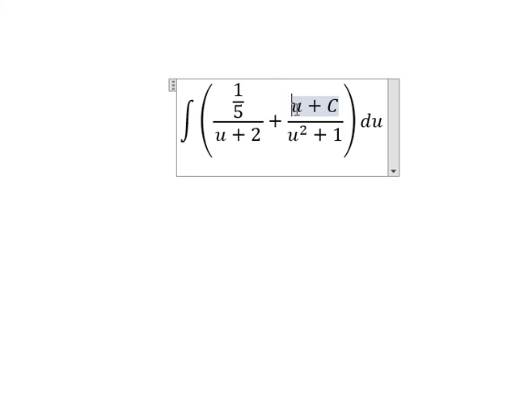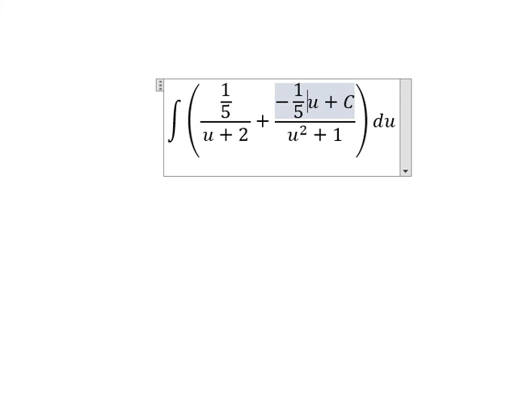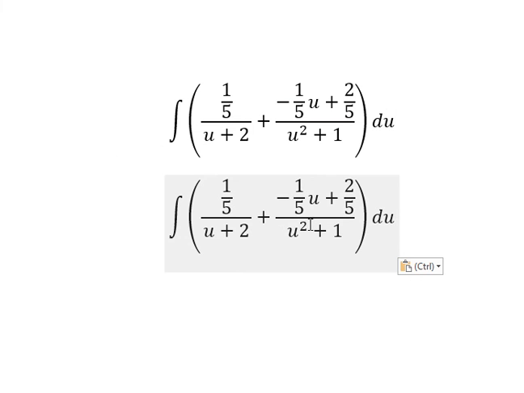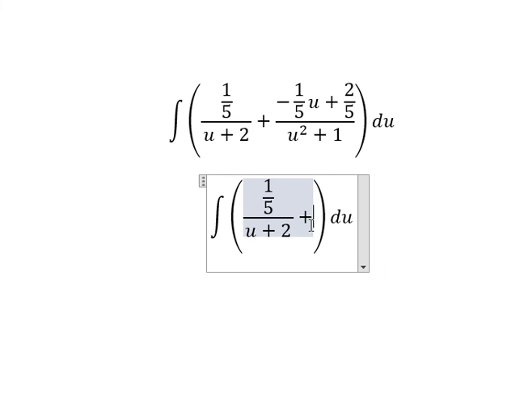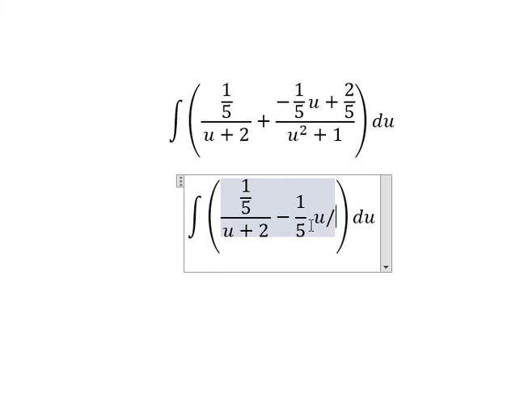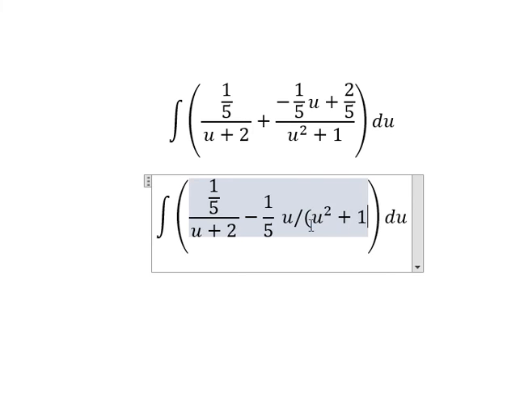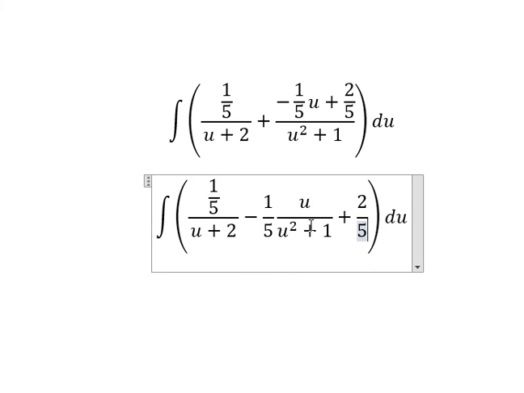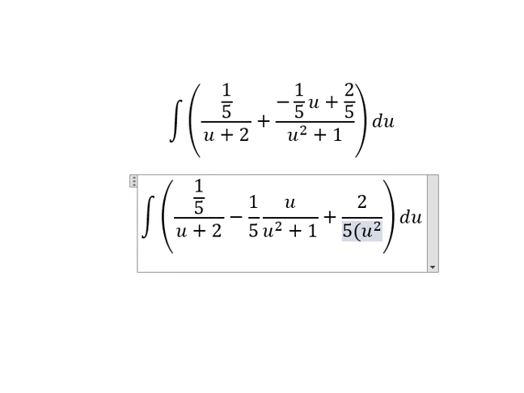For B, that's negative 1 over 5. For C, that's 2 over 5. And this one, I can create 2 fractions. That's negative 1 over 5 times u over u squared plus 1. And the second one, 2 over 5 with u squared plus 1.